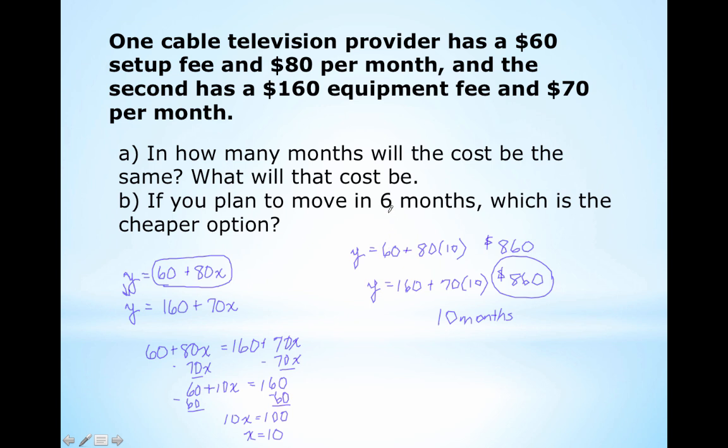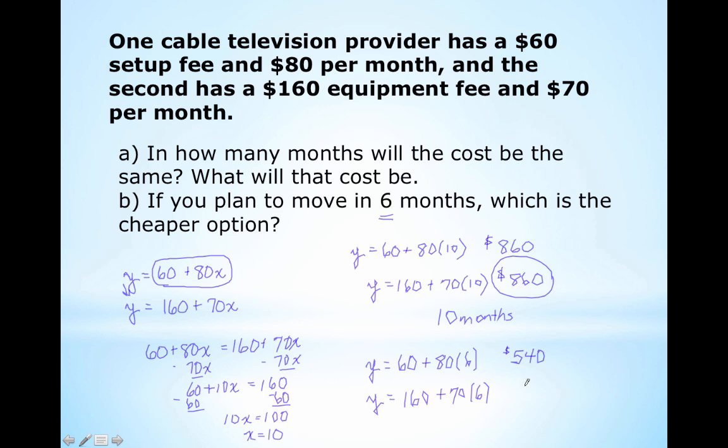So I'm going to plug in my 6 months into both equations to see which one is cheaper. Well, my y, or the cost of my cable, is going to be, in the first instance, 60 plus 80 times my 6 months. So that's going to be a total of $540. And for Company 2, my y, or my cost, is going to be 160 plus 70 times 6 months.